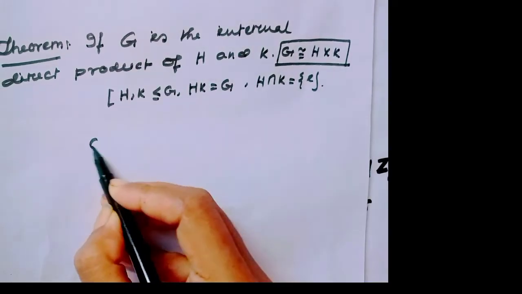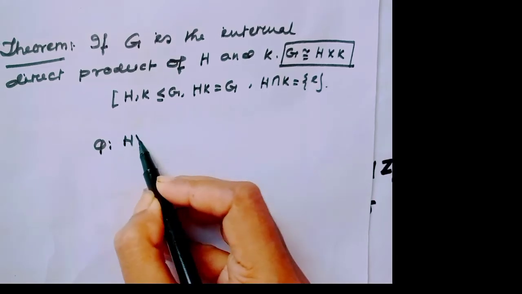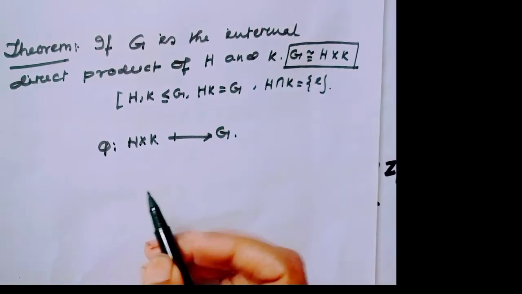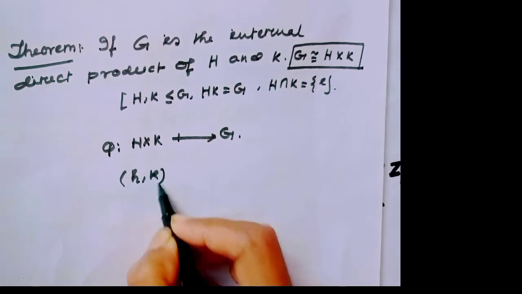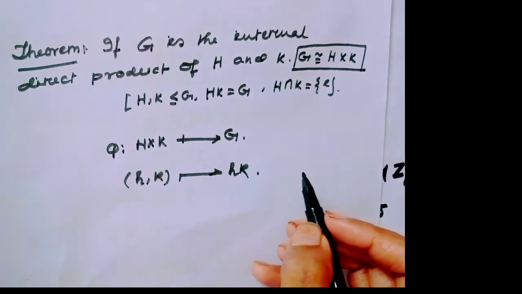So at first consider the mapping phi from H direct product K to G, and the mapping is defined as (h, k) maps to the product hk.